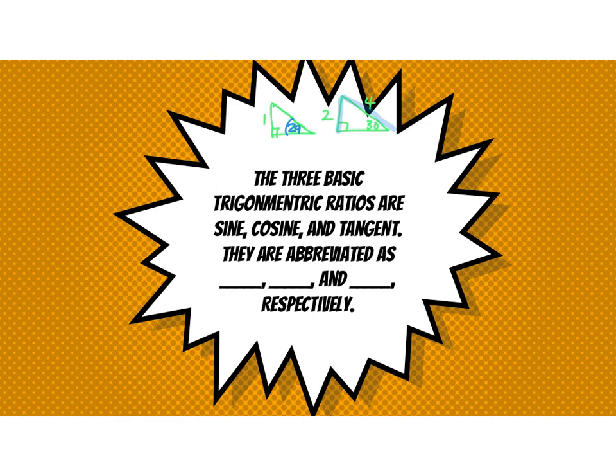They're abbreviated as sin, S-I-N, cos, C-O-S, and tan, T-A-N. And yes, you can use those abbreviations, and you should. Notice when I said each of the abbreviations, I still said the word. So instead of saying sin, cos, tan, I said sine, cosine, and tangent. And you have these buttons on your graphing calculator, and that's what they stand for.